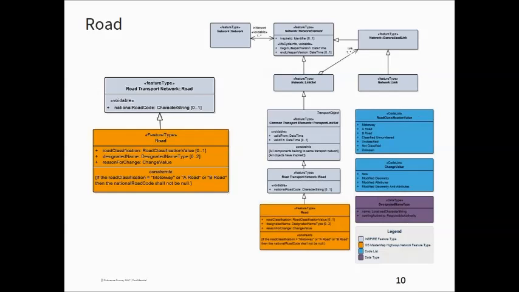It can also have sub-attributes, so the name under designated name will be the official name assigned to the highway, and it can also be in different languages, so it can be English, Welsh, or Gaelic. The naming authority attribute will contain the local authority that assigned that designated name.